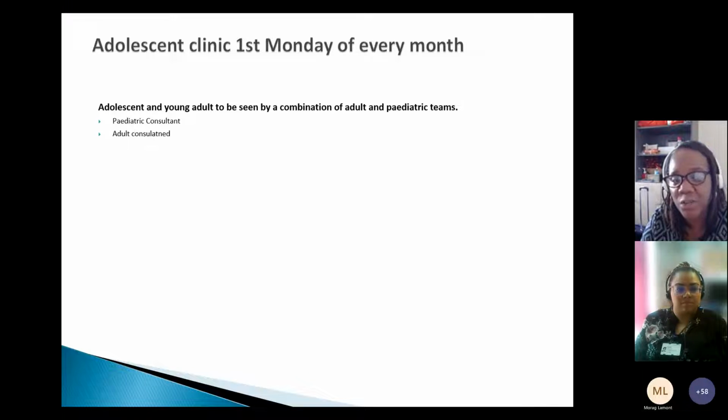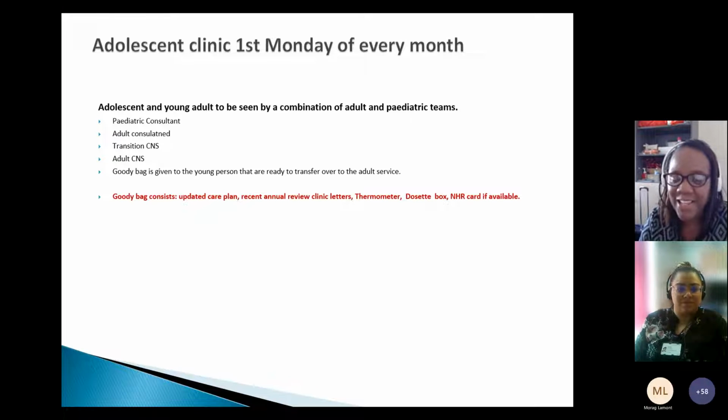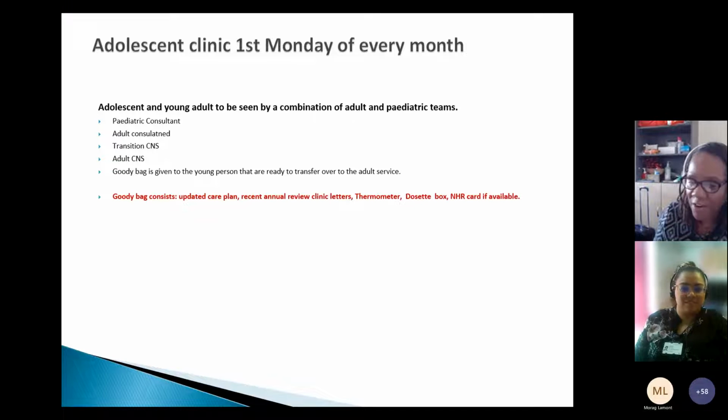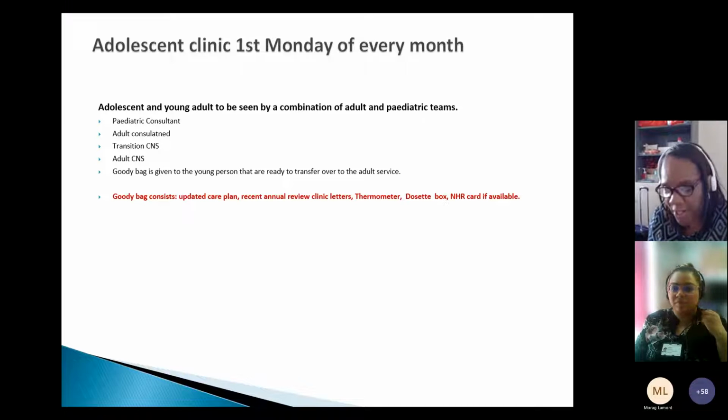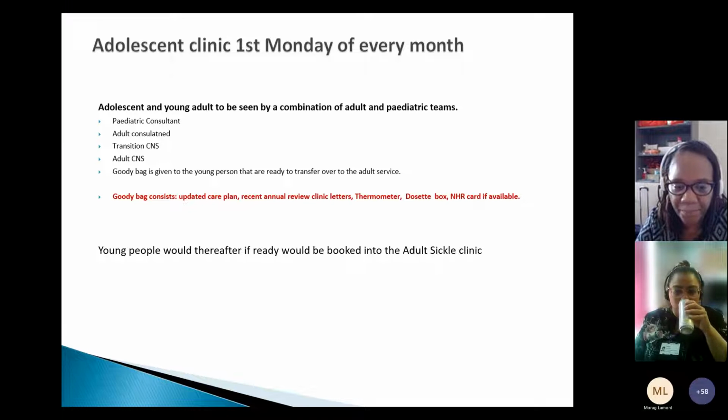Again, here at King's, we do an adolescents clinic on the first Monday of every month, which includes the team. Within that clinic, we give a goodie bag. When they are ready to move over, we give them a goodie bag that will have their up-to-date care plans, their clinic letter, a thermometer, a dossier box, the NHR cards, and anything else that we feel is appropriate to put in the bag, and information.